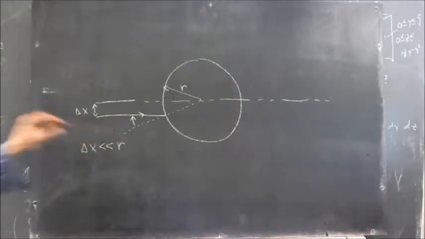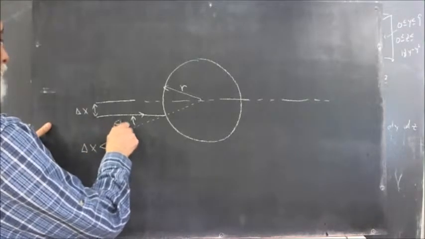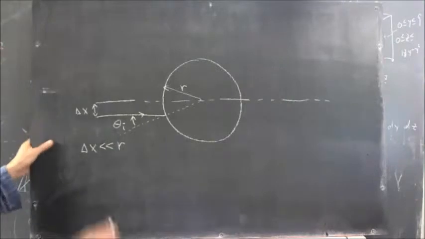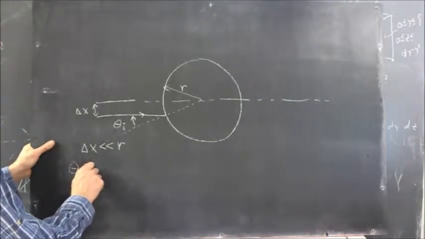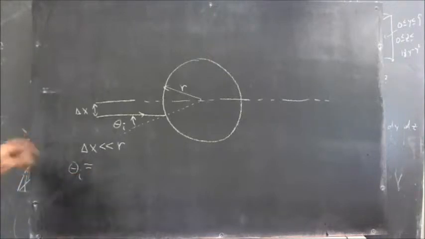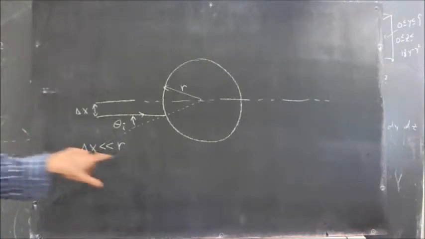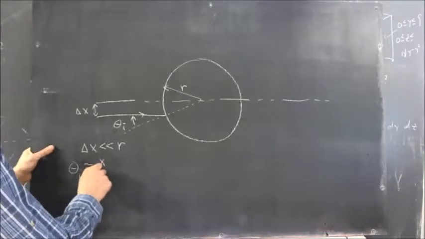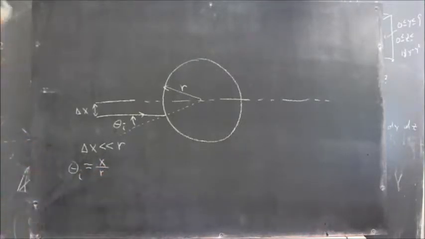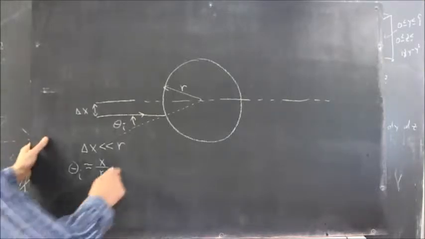The angle of incidence we'll call theta sub I, and we'll note that theta sub I is approximately equal, and the approximation works well as long as delta x is less than r, to x divided by r, where this is, we note, in radians.